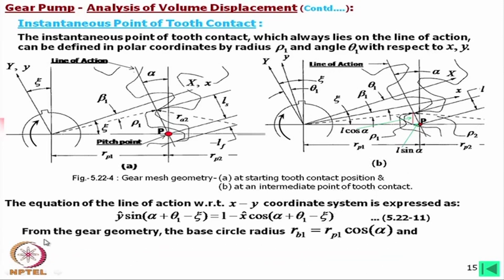Then from the gear geometry, the base circle radius R B 1 is equal to R P 1 times cos alpha, that is known. Now, keep in mind that the alpha we have considered in this case is the working pressure angle, not the actual pressure angle or the standard pressure angle, that you have to remember.